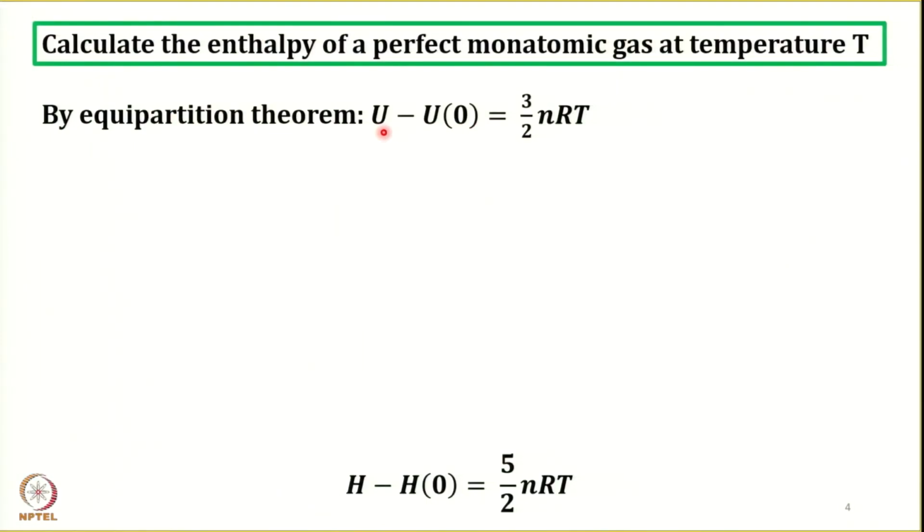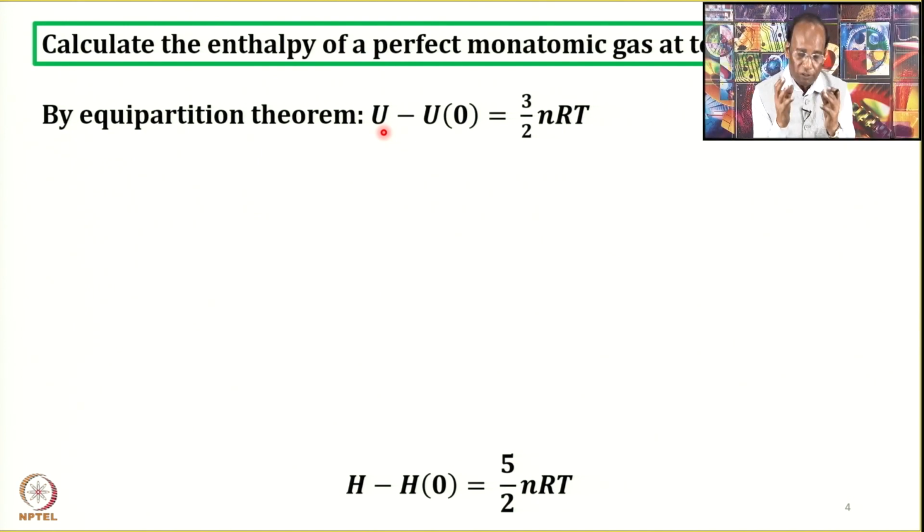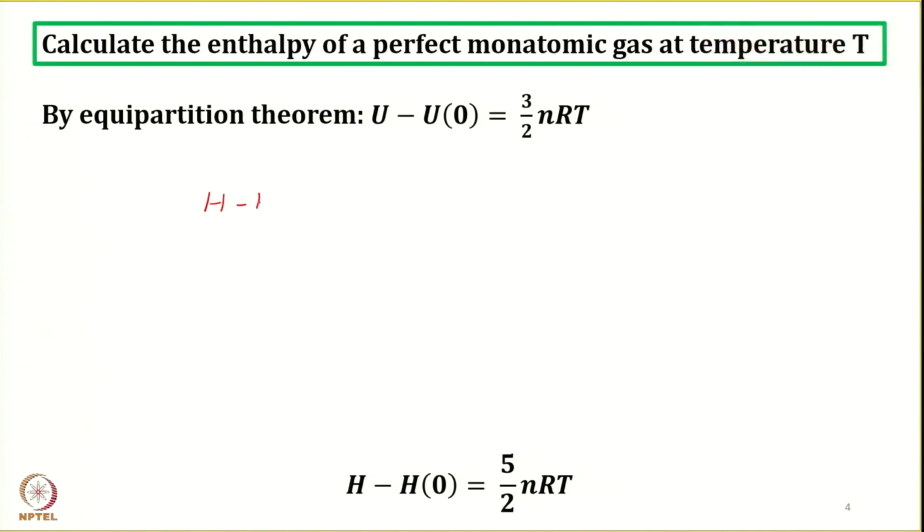One is a very quick way. We remember the equipartition theorem. By the equipartition theorem, the internal energy of a monatomic perfect gas, whose atoms are free to move in 3 dimensions, is 3 by 2 nRT. This you remember from the equipartition theorem. Now, H minus H0 is equal to U minus U0 plus PV.